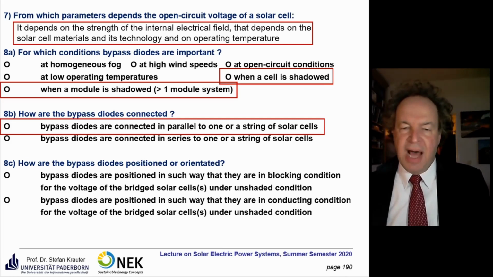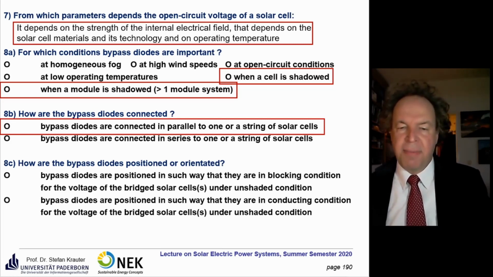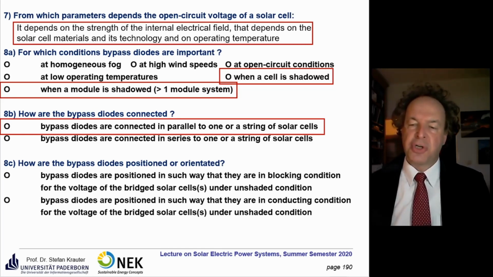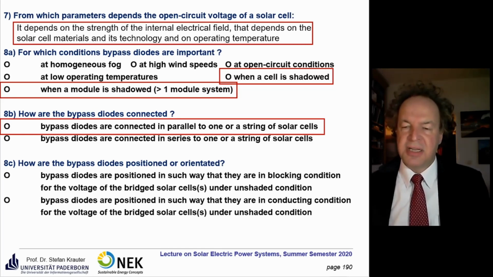The next possible answer for 8c is that bypass diodes are positioned in such a way that they are in conducting conditions for the voltage of the bridged cell under unshaded conditions. What would that mean? If there were unshaded conditions and the bypass diode were in conducting condition, the bypass diode would short circuit the solar cell.